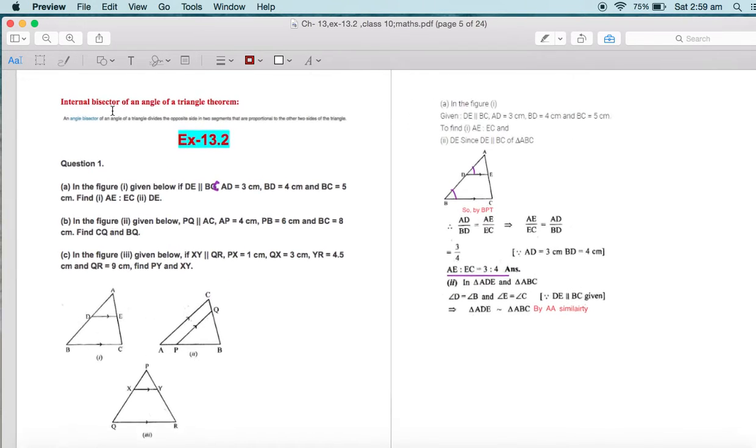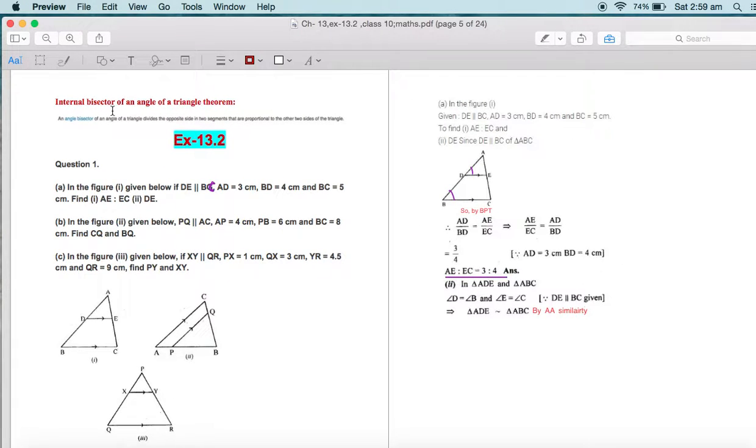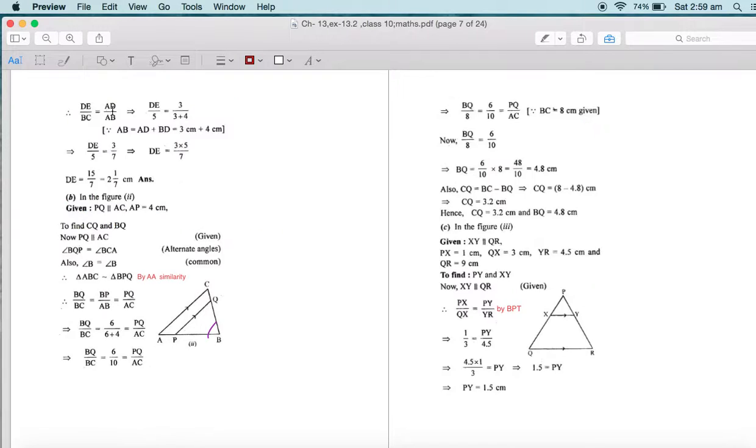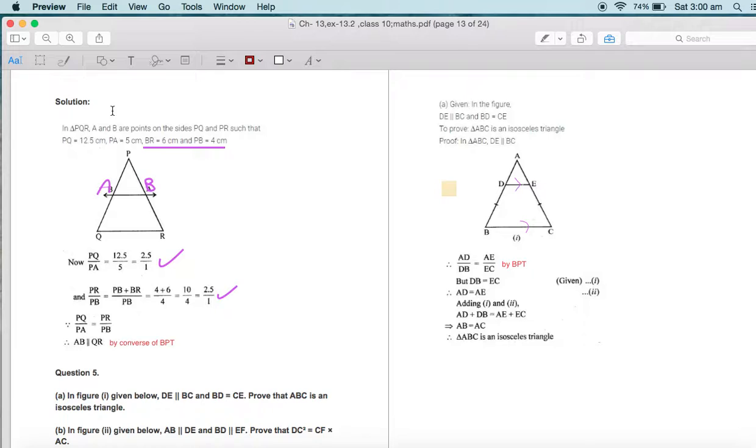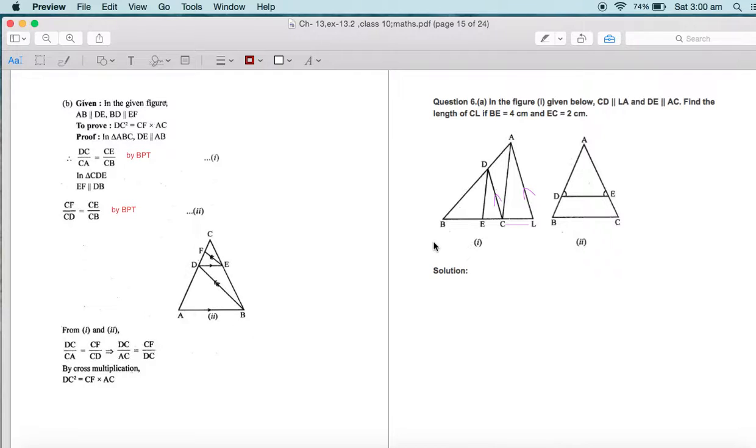So we are going to use both the results as per the need. Let's now move, because all these questions I've already explained to you students. A PDF of the same I have shared with you all. Even though I have explained all the questions of exercise 13.2, still if you find any doubt anywhere, you must approach me, must ask me.